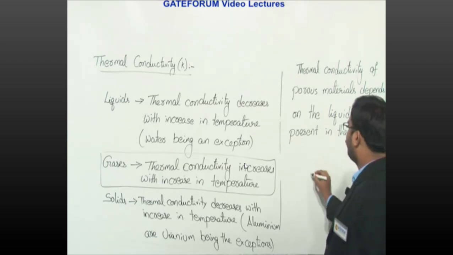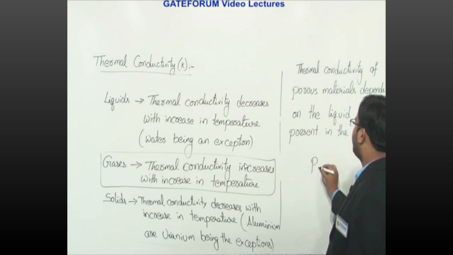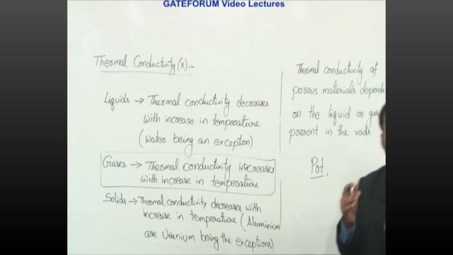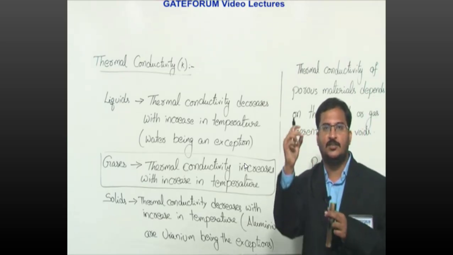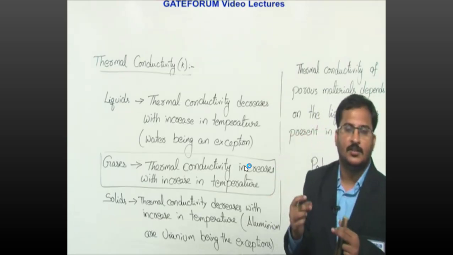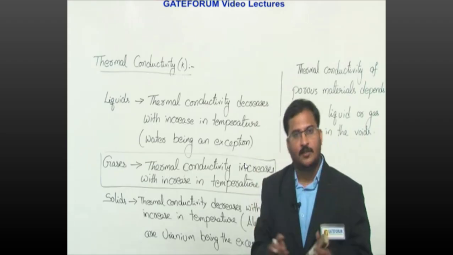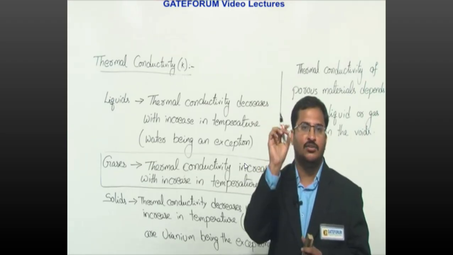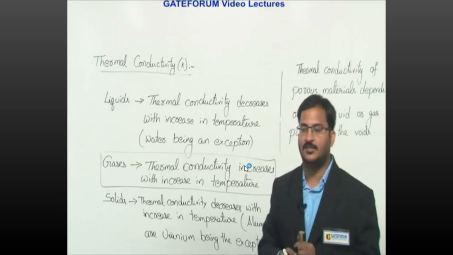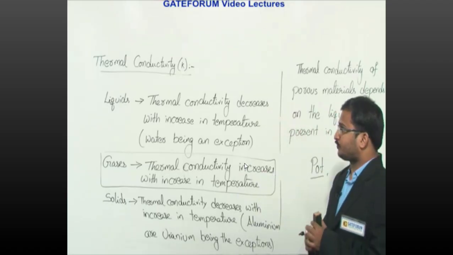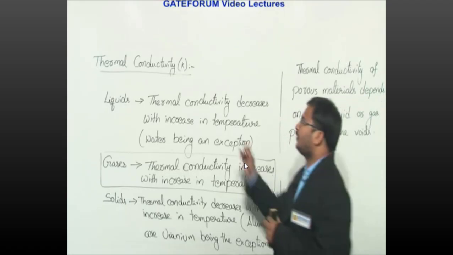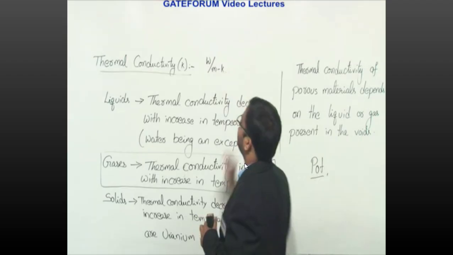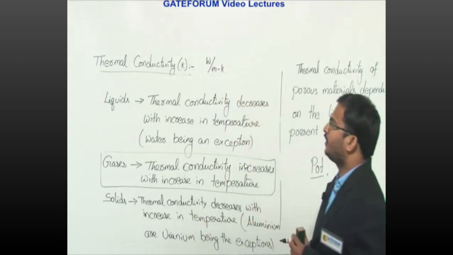An example of porous materials is a pot, which has voids, that means small holes. The thermal conductivity of porous materials depends upon the liquid or gas present in those voids. The unit of thermal conductivity, as already learned, is watt per meter Kelvin.